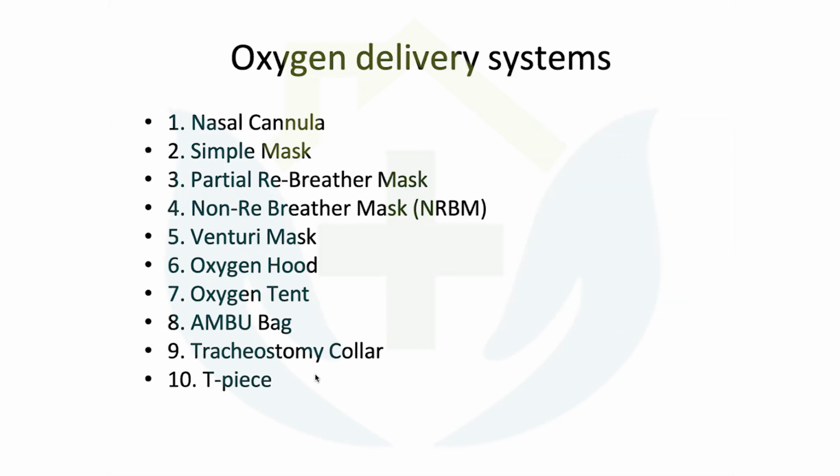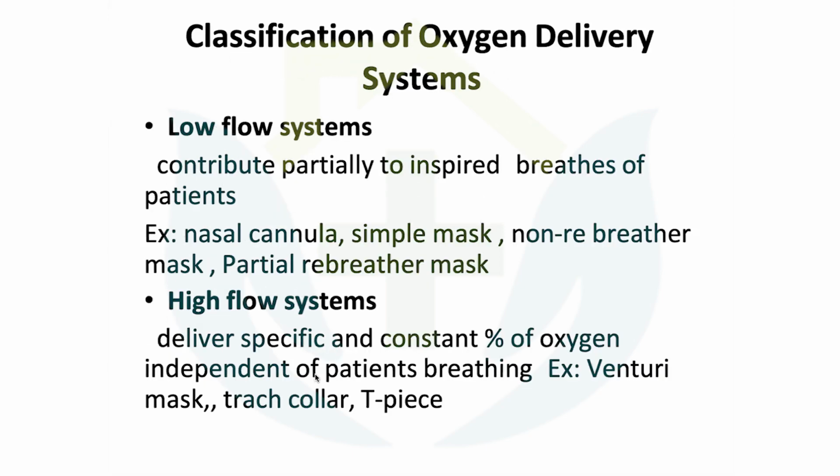Oxygen delivery systems: there are 10 types of ancillary oxygen delivery systems, that is nasal cannula, simple masks, partial rebreathing masks, non-rebreathing masks, Venturi masks, oxygen hood, oxygen tent, Ambu, tracheostomy collar, or T-piece. If you classify them, those with an anesthesia background know that in the practical exam there is a table for oxygen therapy where the question is asked about the low flow system and the high flow system.